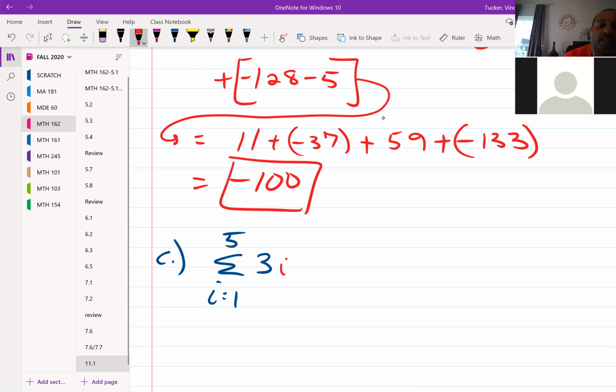We don't have i sitting back here as an exponent or a regular variable. So really the only thing that can happen is for first term, you have 3, second term 3, third term 3, fourth term 3, and fifth term 3. So every time you have a term, all you can do is express it as 3 because there's no variable to plug in for. And your answer is going to be 15.